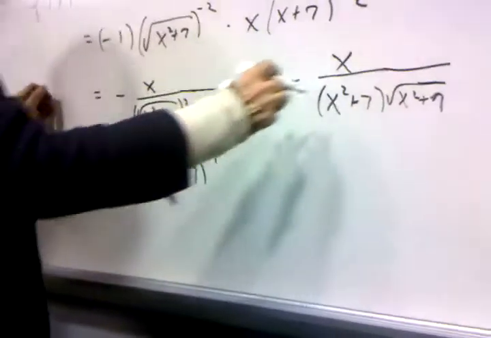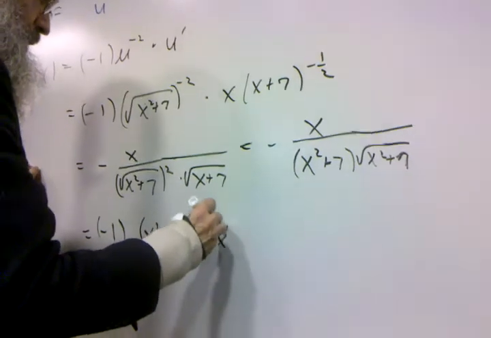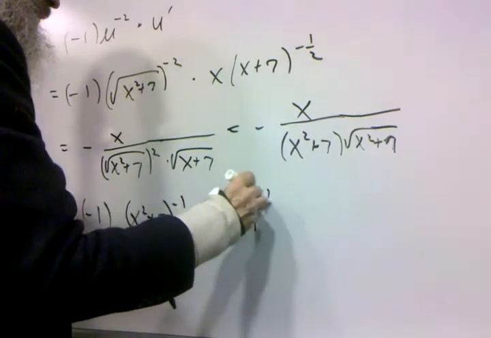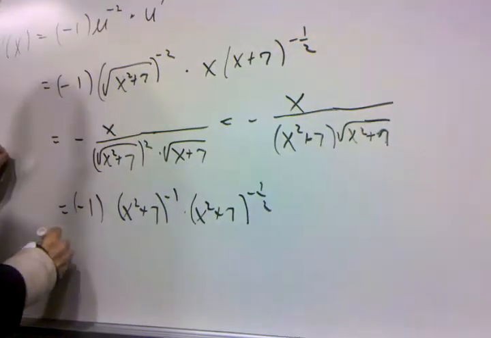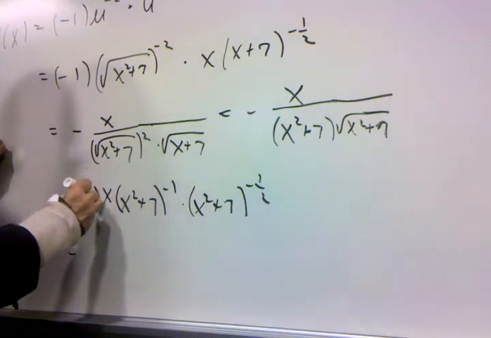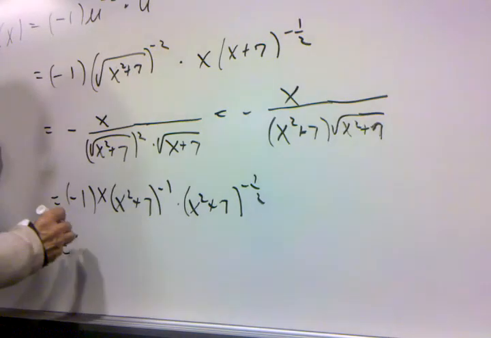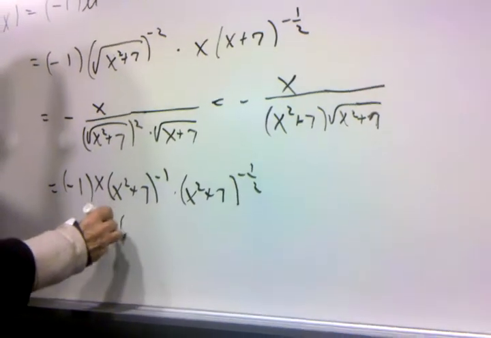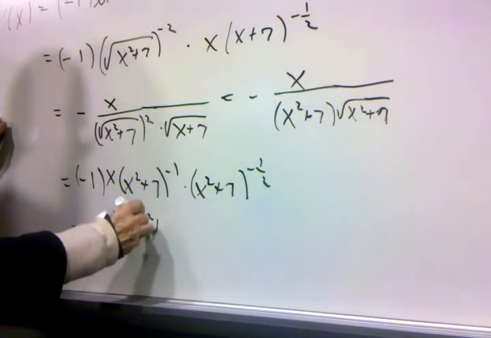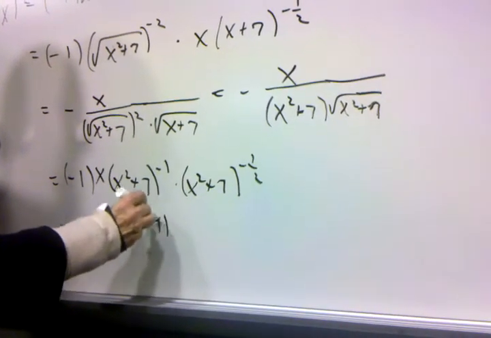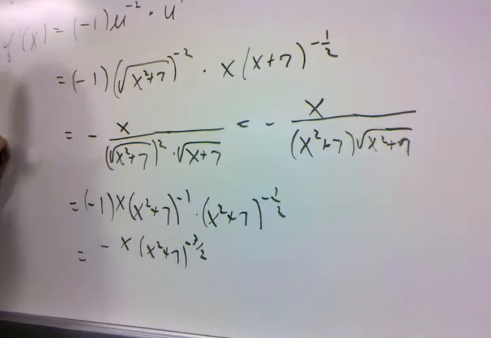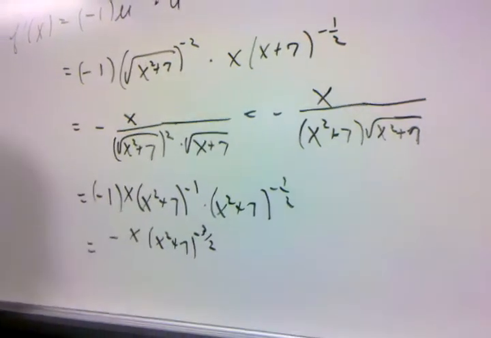This is the negative 1 times x squared plus 7 to the negative a half. This equals, sorry, I left the x out. There's an x right there. Equals, I'll just write negative x times x squared plus 7 to the negative 3 halves. So I'll leave it as an exponent like that. X squared plus 7 to the negative 3 halves.